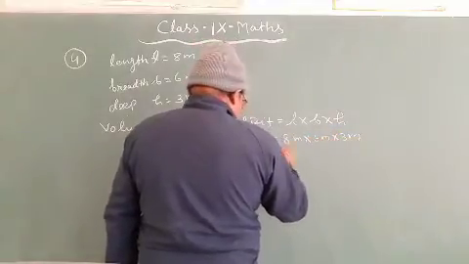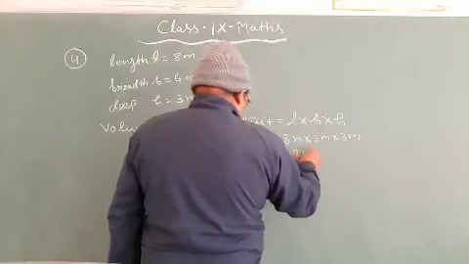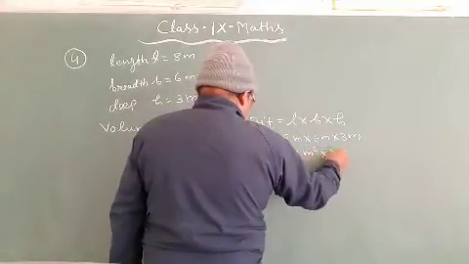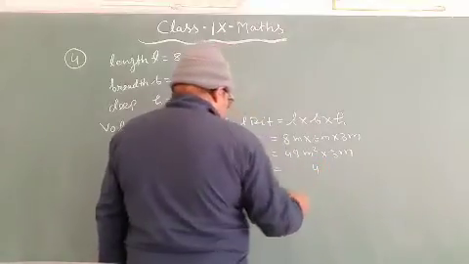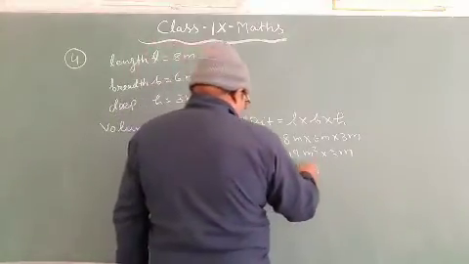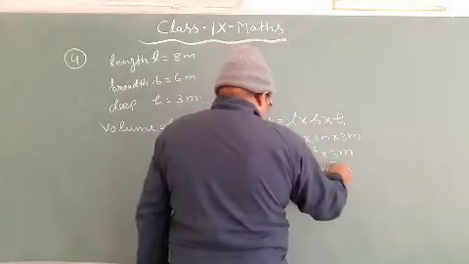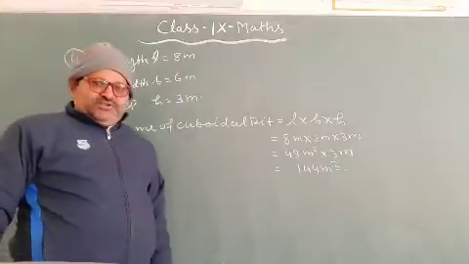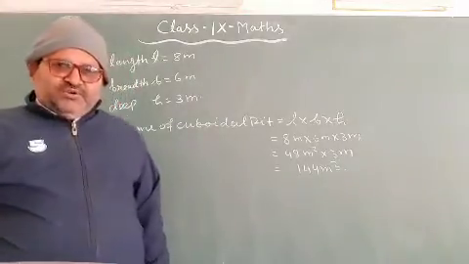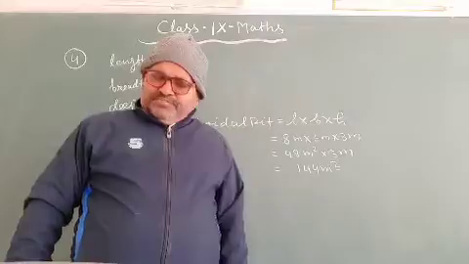So 48 meter square into 3 meter, that equals 144 meter cube. 144 meter cube is the volume of cuboidal pit.